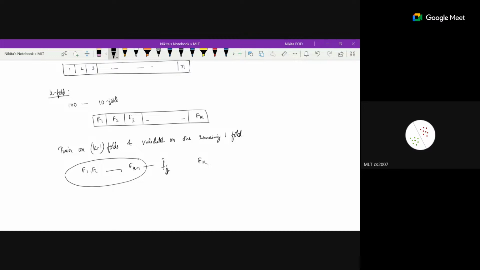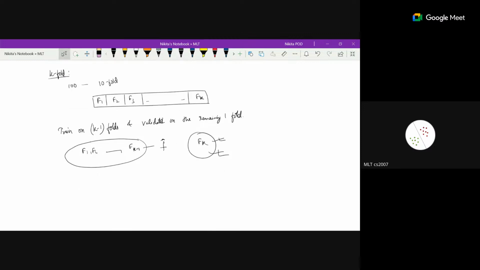Now you use this model to evaluate its performance on the validation set, which in this case is the kth left-out fold. So you check its performance on this holdout data set, and you find the error term on it.